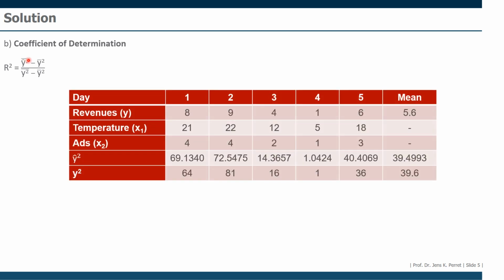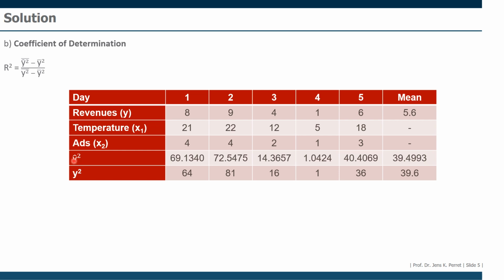So I'm going to copy the table we had from the exercise. That's this part up here. And I'm going to add 2 rows. In the last row, I'm adding the y squared, simply taking the y values to the power of 2. And in this row, I'm going to calculate these y hat squared values.